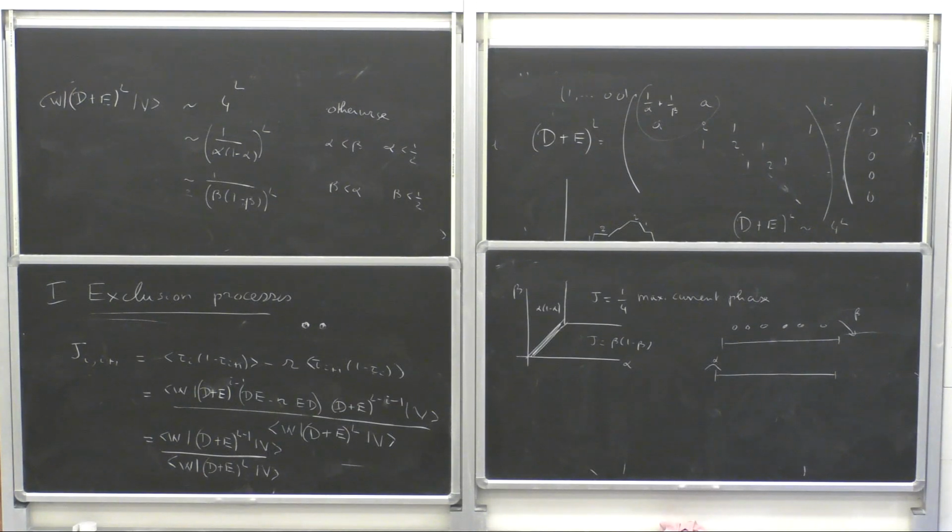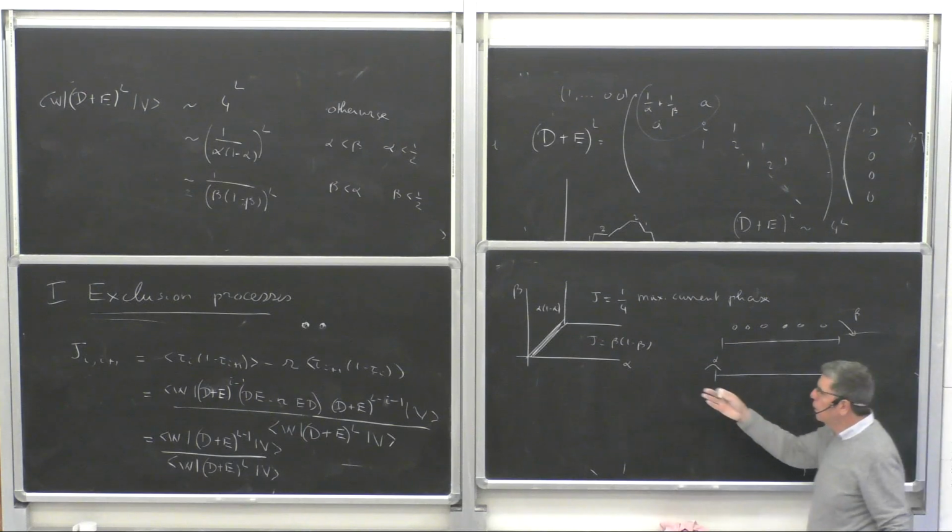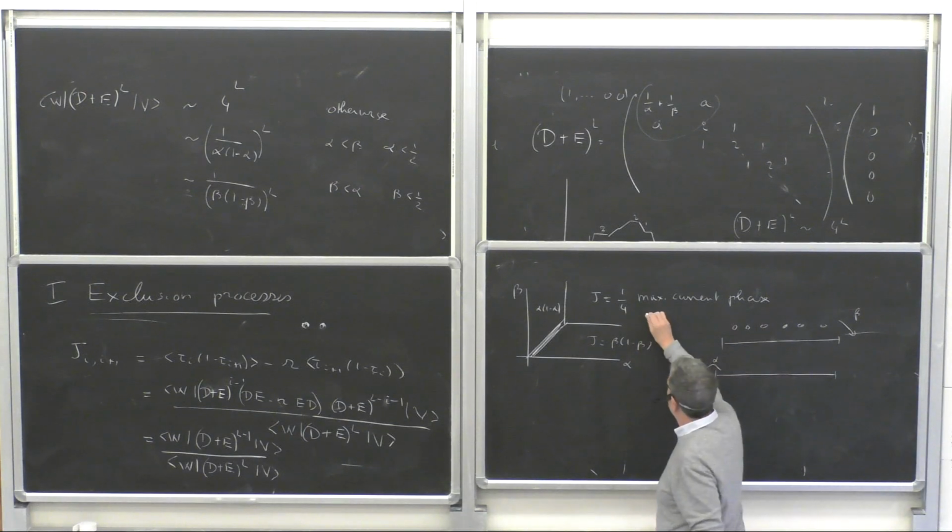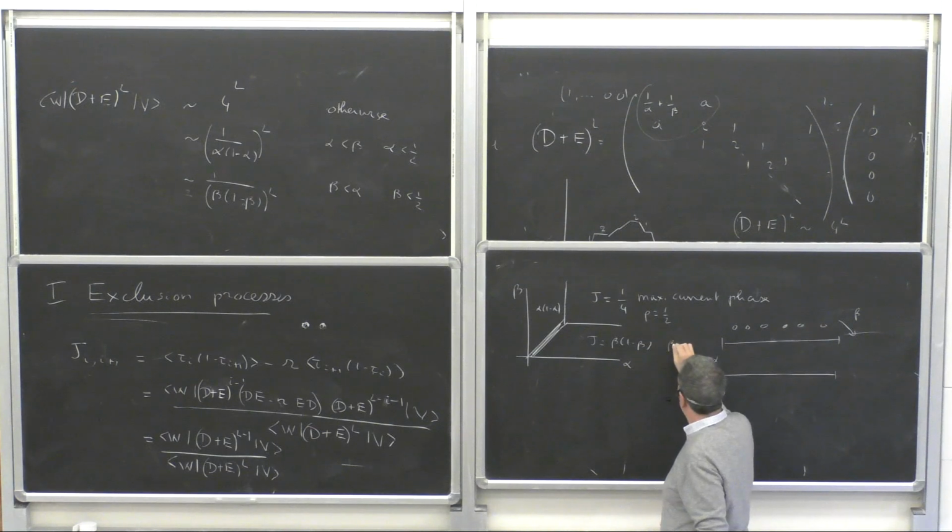So what quantity would you use to distinguish these phases? For example, if you were to try and do this numerically, would you just use the current as your measure? It turns out that the density will be different. Here, the steady state density would be 1/2. Here, it will be beta, and here it will be alpha.